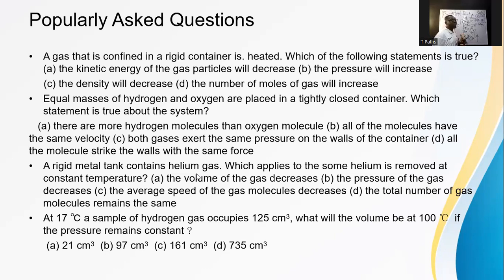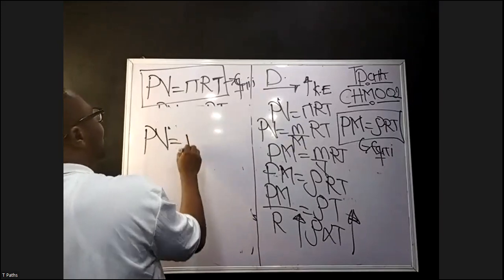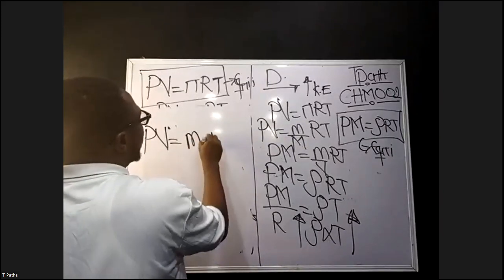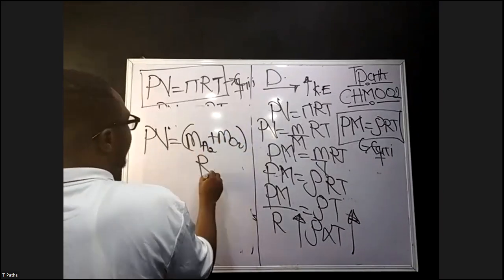So let's ask ourselves a good question. If we have two different substances, let's create another relationship from what we've learned today. If I say PV equals nRT, and n equals mass over molar mass, so let's say m of H2 plus m of O2, RT.